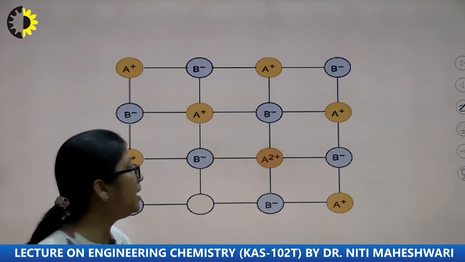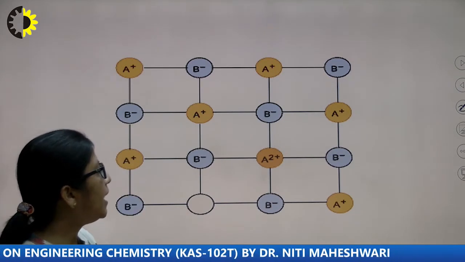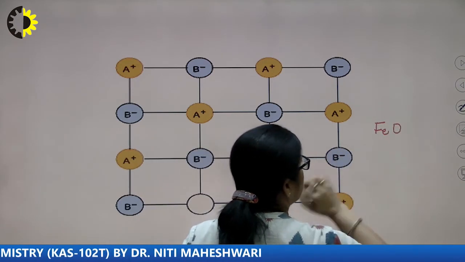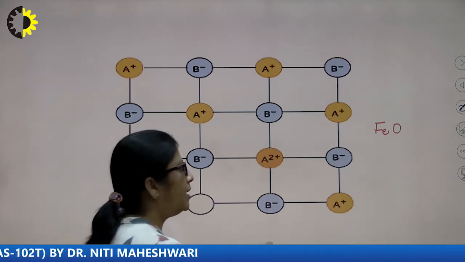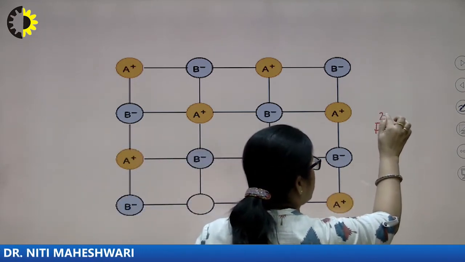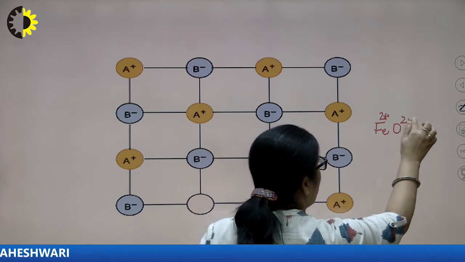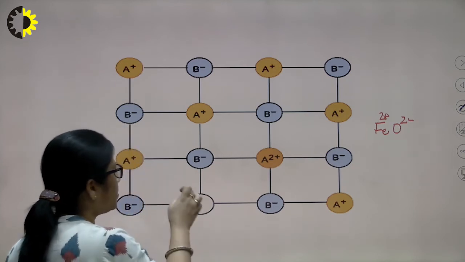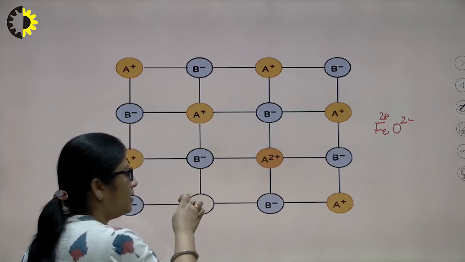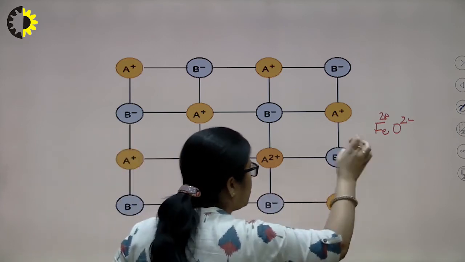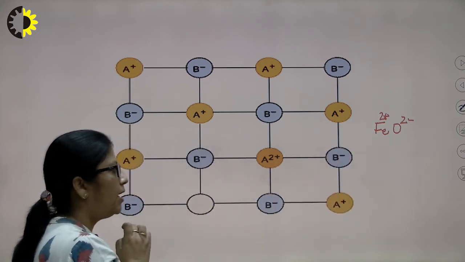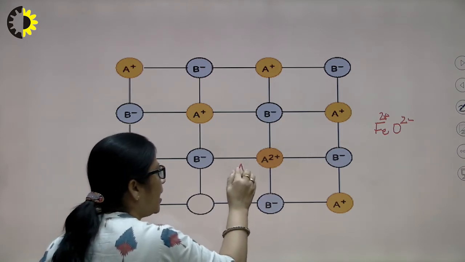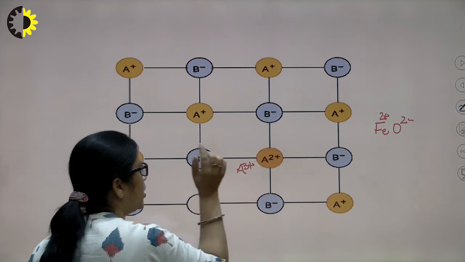Here you can see, for example, in the case of iron oxide, the Fe is present in +2 state and oxygen is present in -2 state. But since at one of the places the cation is absent, that means Fe2+ is absent from the system, the neighboring two cations should occupy a higher oxidation state.